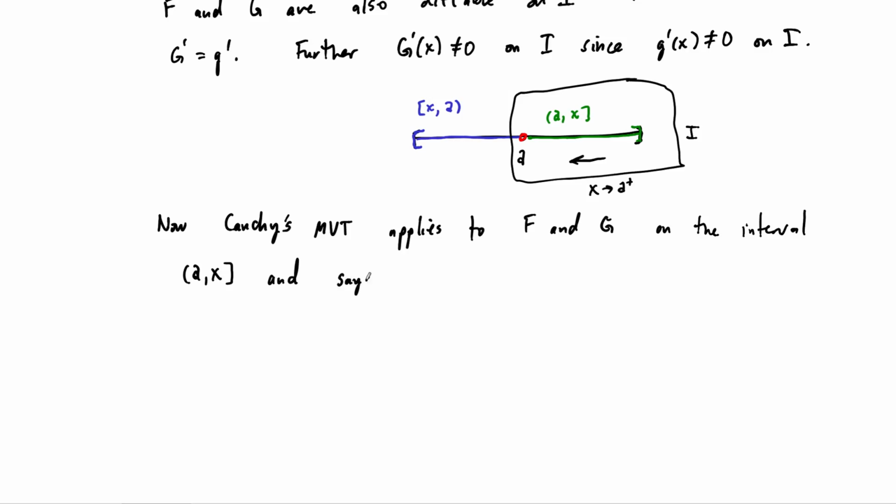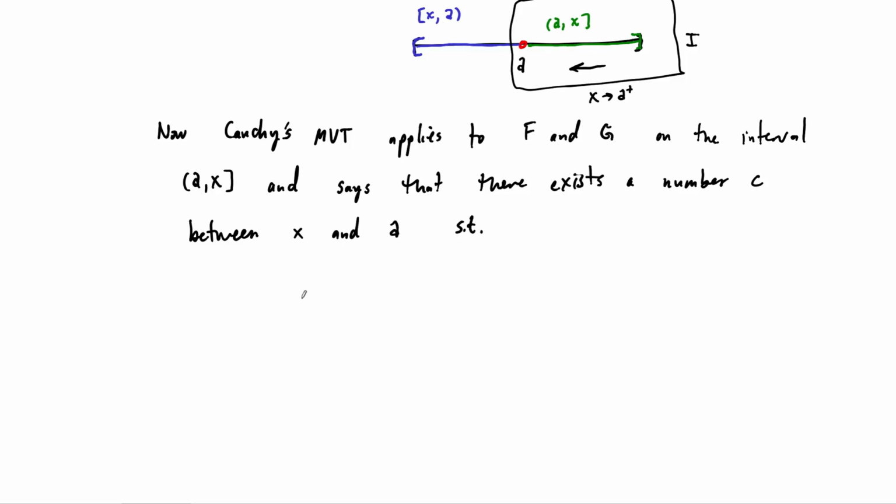So it says that there exists a number c between x and a, or a and x in this case, such that the following is true, right? So the following is going to be what?